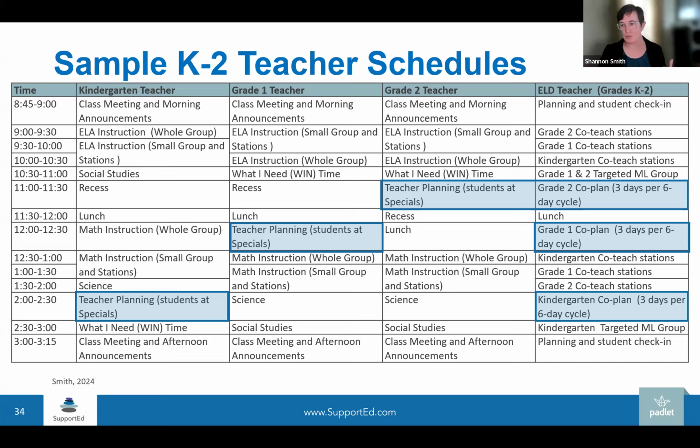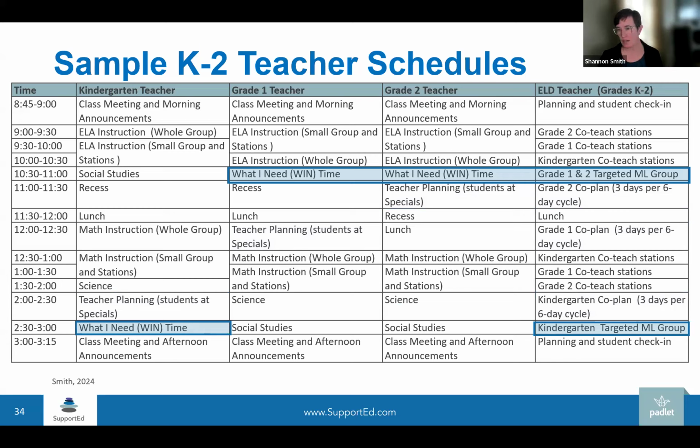And they integrated or leveraged their What I Need, or intervention, time so that the ELD teacher could, in collaboration with the grade level teams, pull those newcomer students for some targeted English language development time. That also provided a designated time throughout the year. Again, that came up earlier about rolling enrollments.